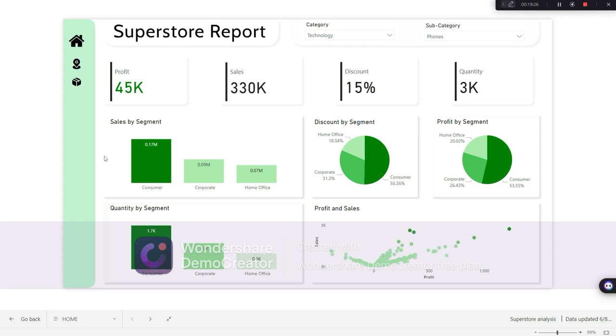As we see the segment, the consumer segment is nearly 0.17 million sales, and the higher quantity goes to consumer segment, and the average discount for the consumer segment is about 50.36% of total discount, and we made most of our profit from consumer segment for each category.